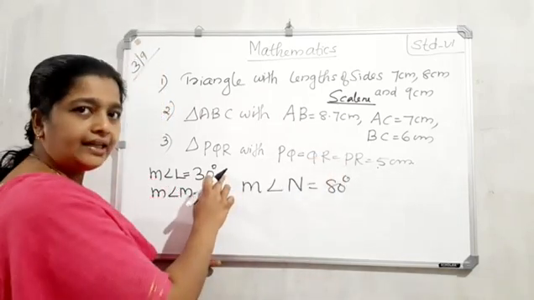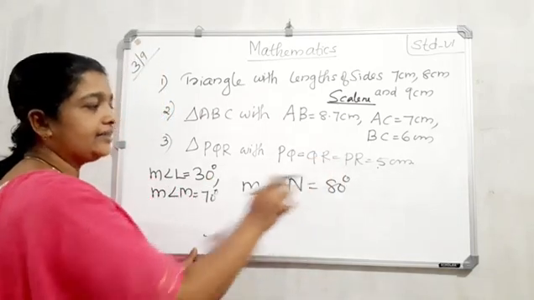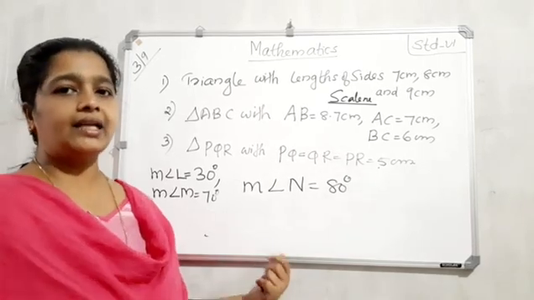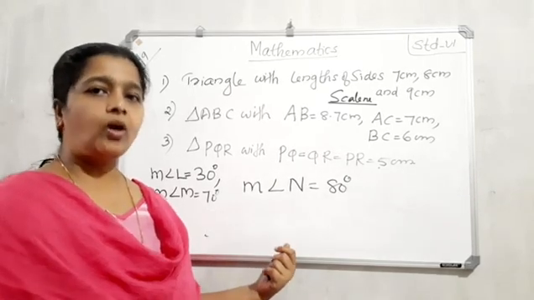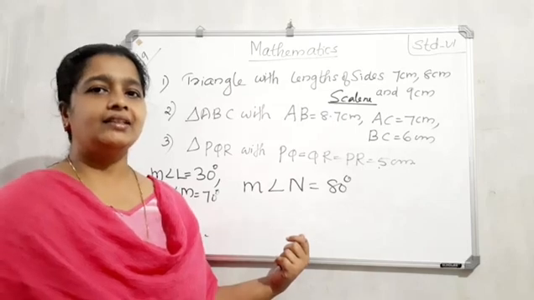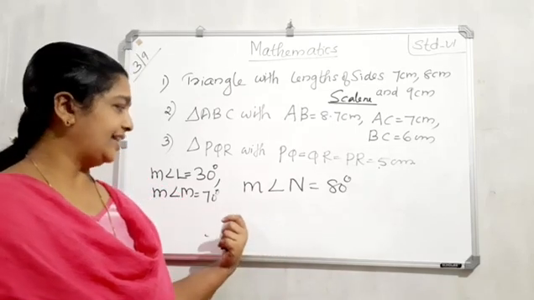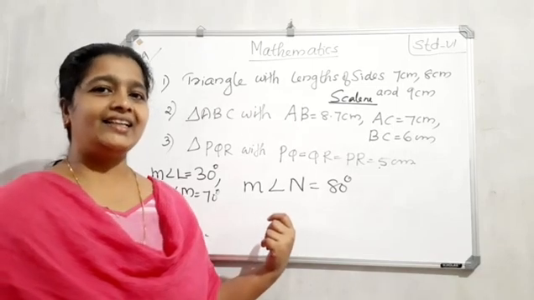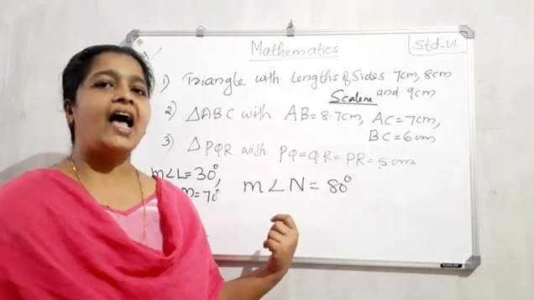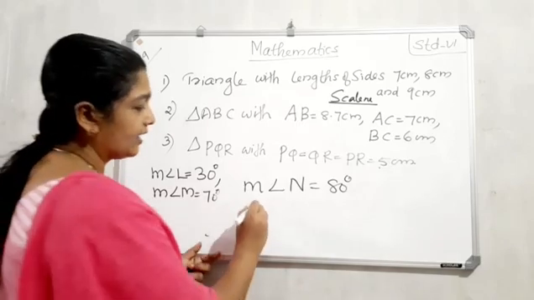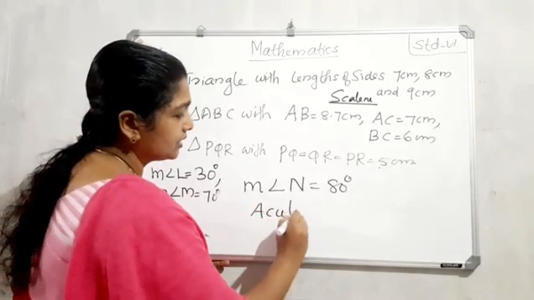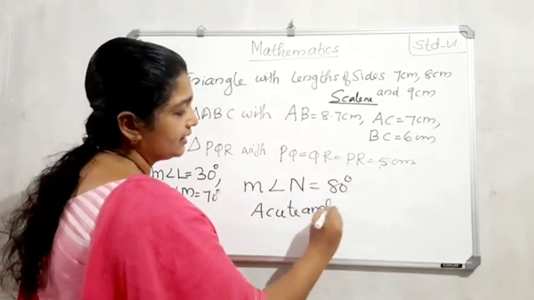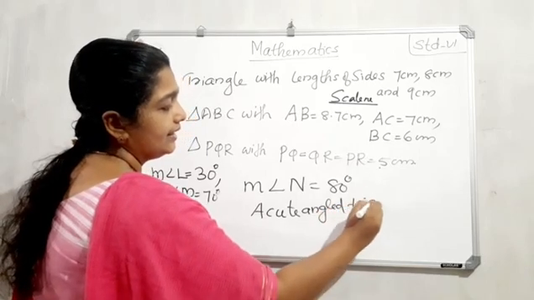So 30 degrees, 70 degrees and 80 degrees. Are these three angles greater than or less than 90 degrees? Say the answer. Yes, less than 90 degrees. So each angle is less than 90 degrees. Then we can say that it is an acute angled triangle. That is an acute angled triangle. Clear? Yes.